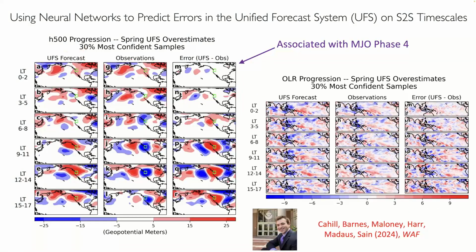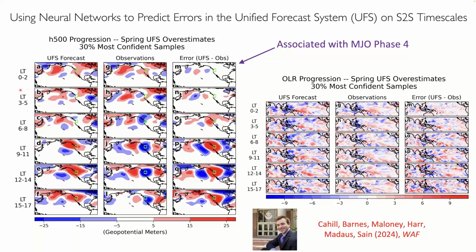Now we have some more composites. The first column here are UFS forecasts, the middle column here is the actual observed state, and the right column here is the error. So basically how much the UFS is overpredicting or underpredicting the geopotential height.